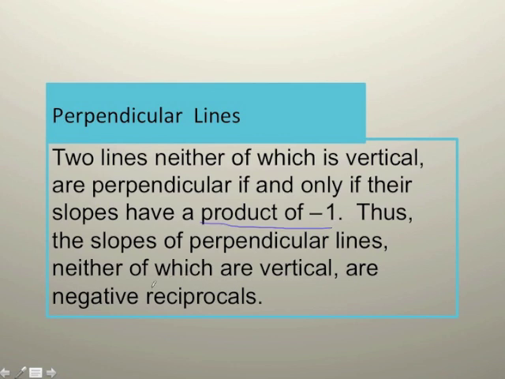The slopes of perpendicular lines, neither of which is vertical, are negative reciprocals. So if one slope is, say, 2, the negative reciprocal of that would be -1/2. So that's what the two slopes of perpendicular lines might look like.